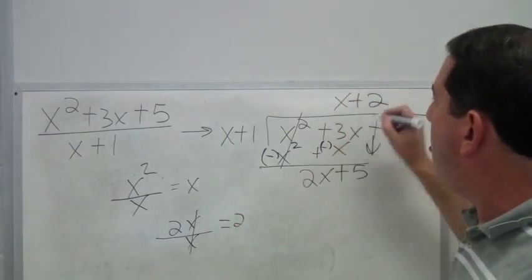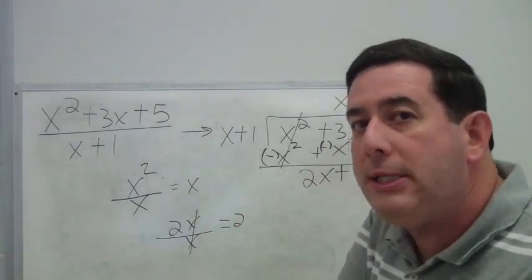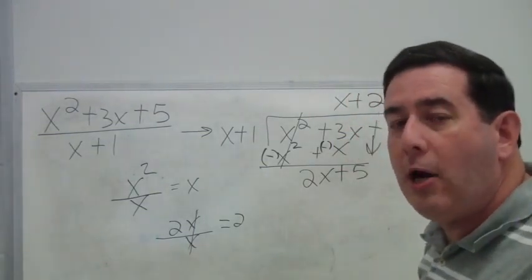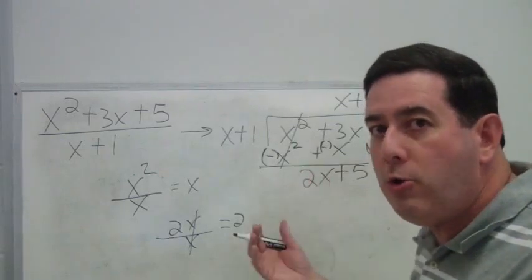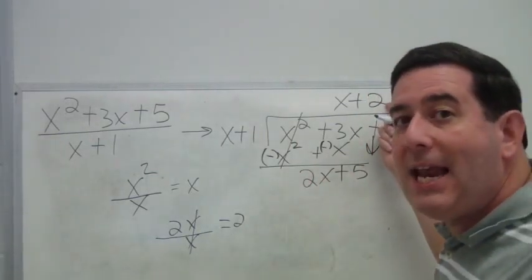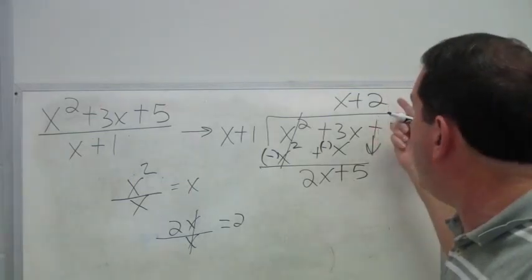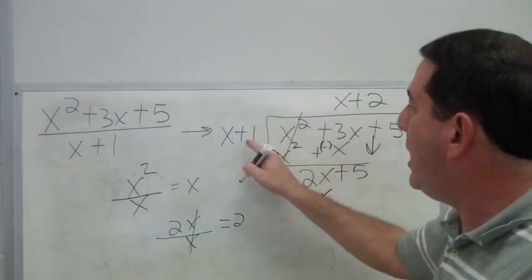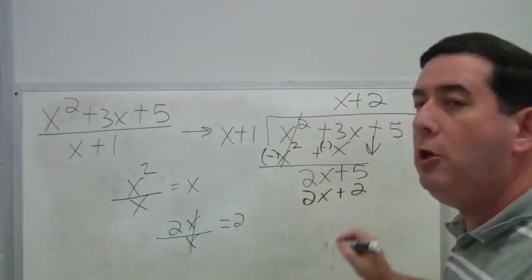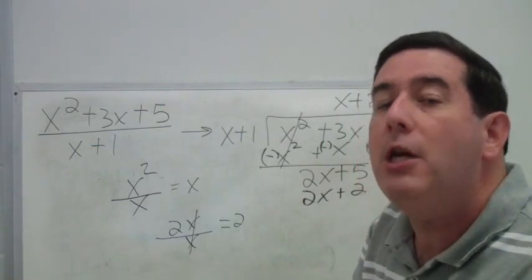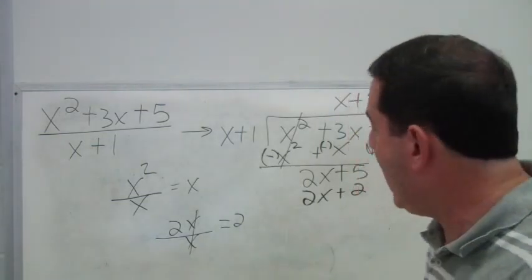That's what's going to go on the top. 2 is a positive 2, so let's put plus 2 between our terms in our quotient. Now, whatever goes on top, let's take that and multiply with what's out in front. 2 times x made 2x. 2 times 1 made 2. Just like we've been doing, now I'll subtract, changing both of these signs.